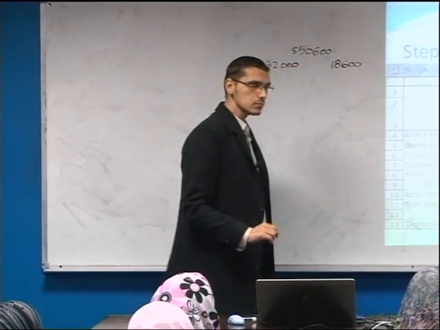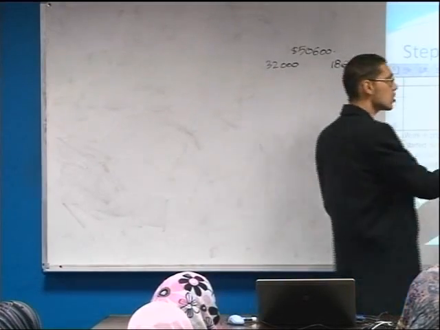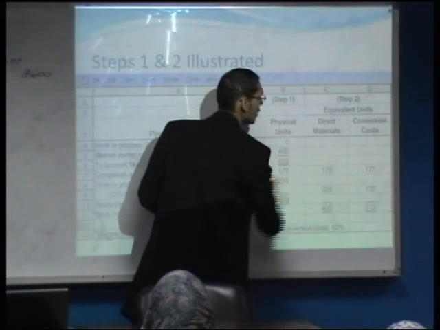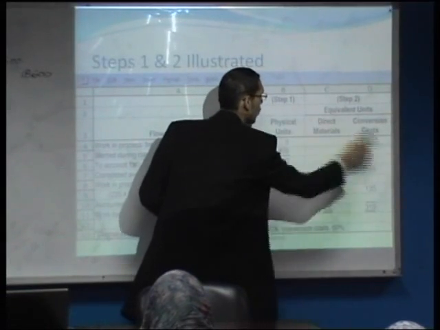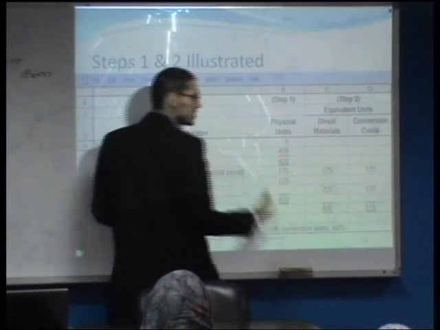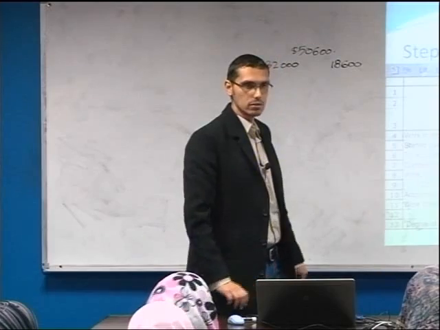Therefore, in order to understand the significance and the importance of the equivalent units, or why we need to calculate the equivalent units, let us apply the same averaging method that we applied in case number 1.